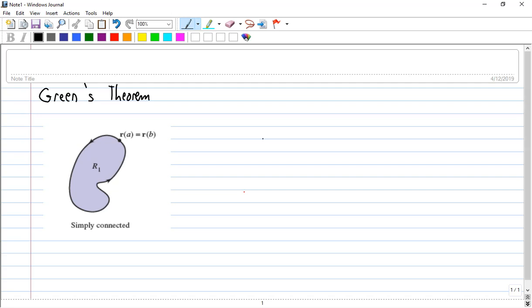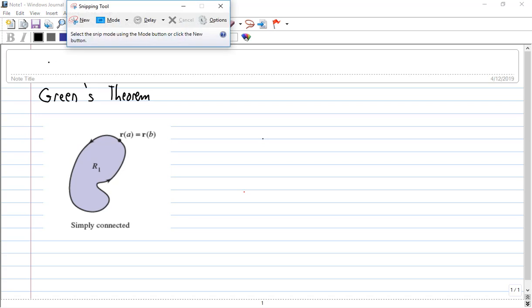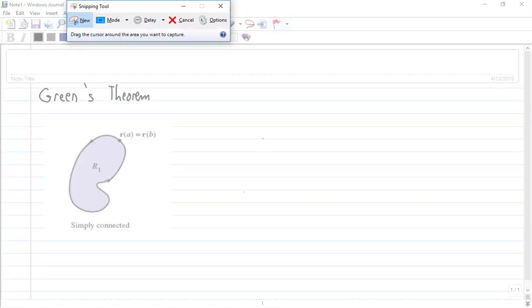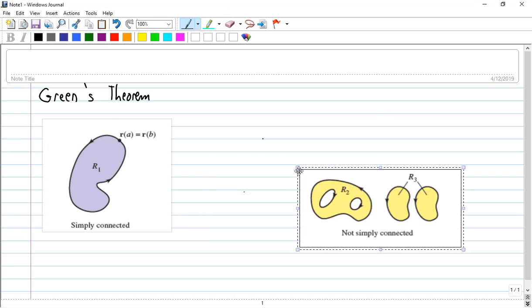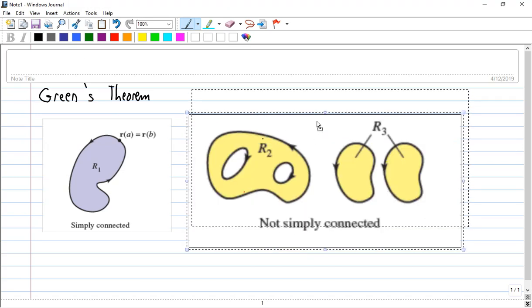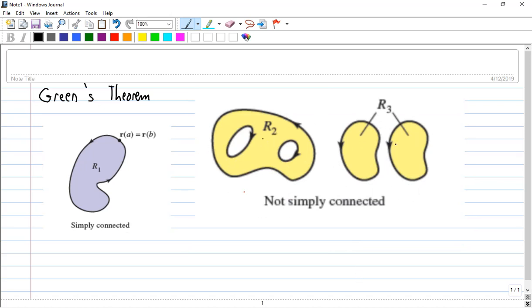Let me show you something that's not simply connected, even though I've probably already put these same figures up the other day. So those are not simply connected. It's not that they're separated, even though they can't be. It's that this line doesn't go around every boundary.